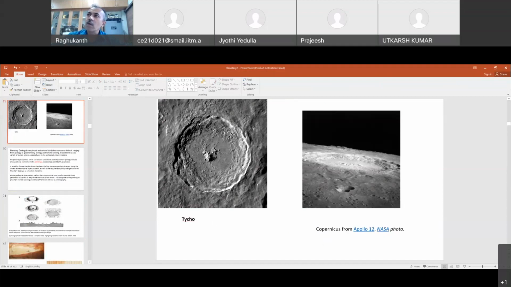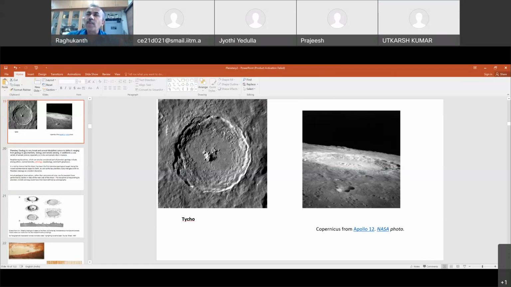Meteorite strike, another one, volcano, volcanic craters are there. There may be satellite impacts also. Somebody would have done an artificial impact with a lander, or a satellite would have collapsed on the Moon itself and created something else. We don't know; this could have been done by so many hypotheses.